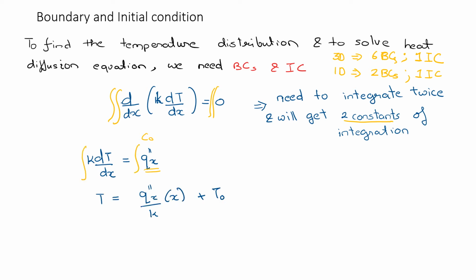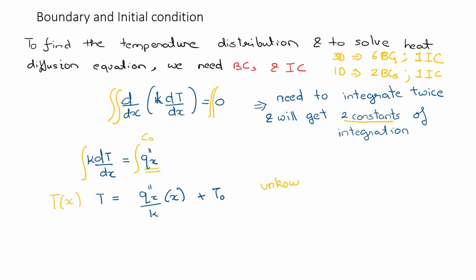On integrating this equation, your temperature, that is T of x, will be the constant of integration divided by the thermal conductivity into x, which is the independent variable, plus a constant, which in this case I've assumed to be T0.